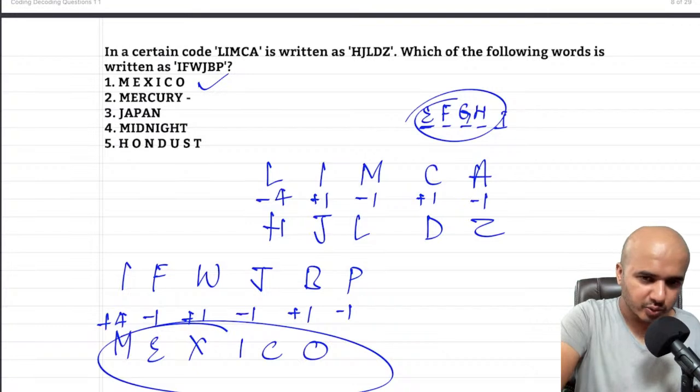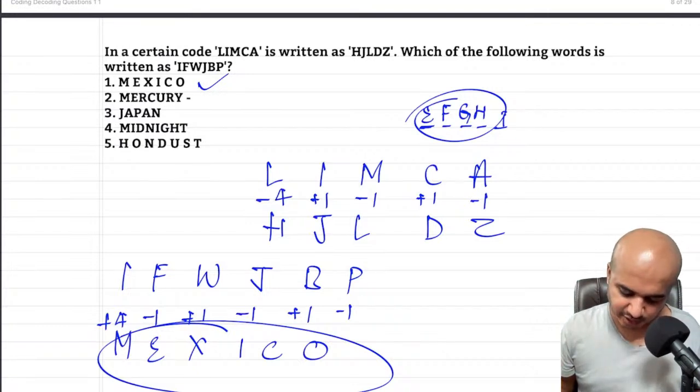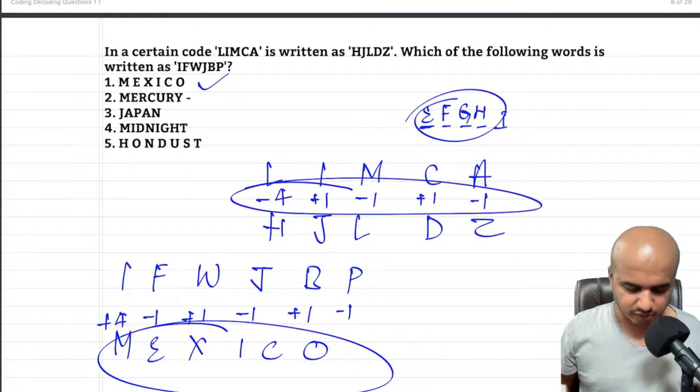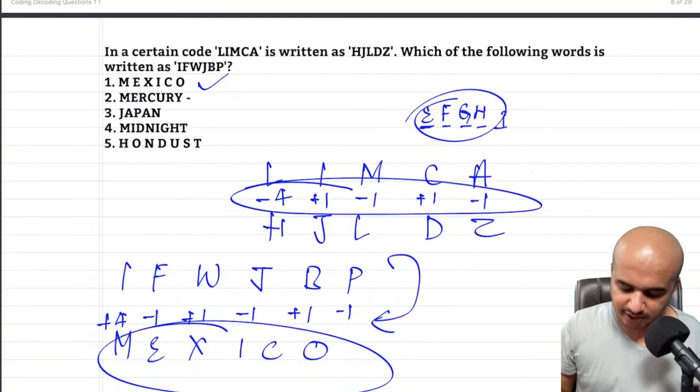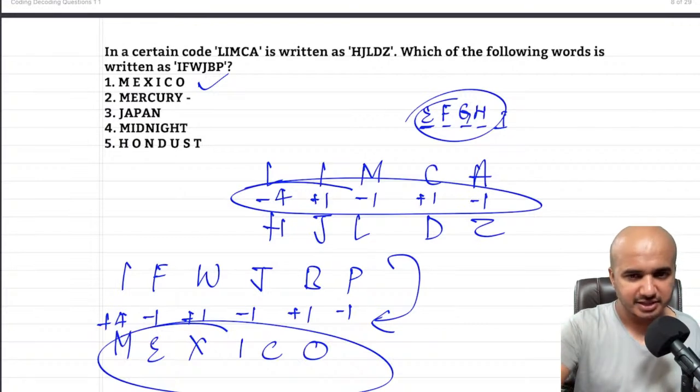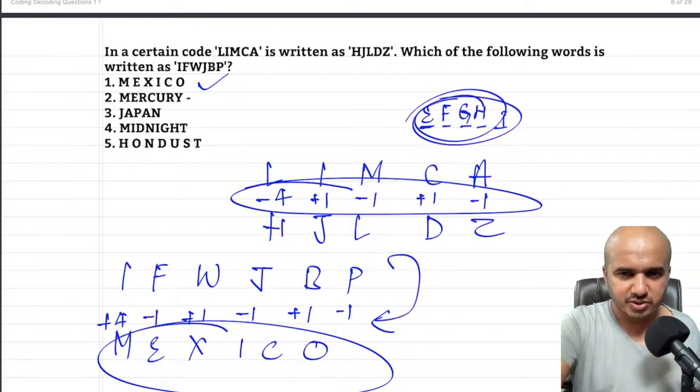So sometimes you'll have to do this. Here in the question we had this, but in the answer we had to go for reversal of sign. The number remains the same. That is 4 plus 1 minus 1 plus 1 was there, minus 4. But we have made it plus 4 minus 1 plus 1, so on and so forth. You'll have to do this when you don't get the right option in the answers. So that's okay. Let's move on.